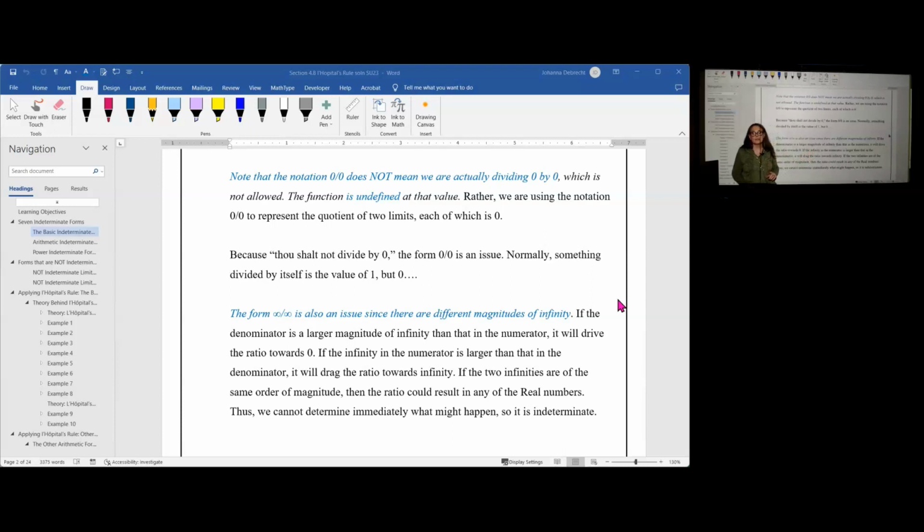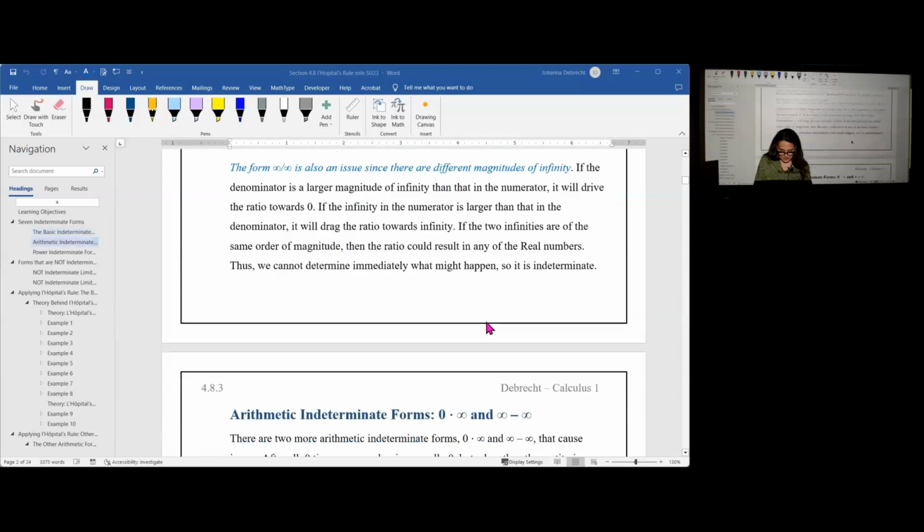Now, what happens if they're roughly the same magnitude of infinity? Well, then anything can happen. It can grind to a halt at any of the real numbers. This is why infinity divided by infinity is considered indeterminate. We don't know what happens. We can't determine it, so it's indeterminate.